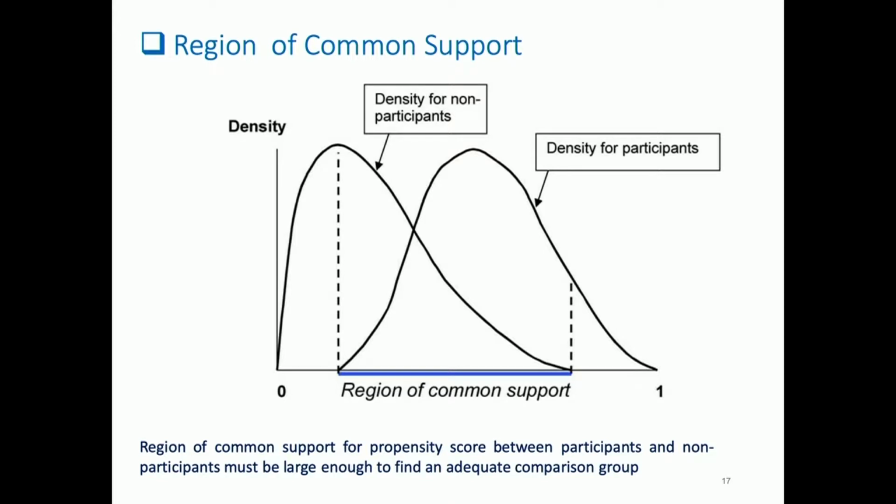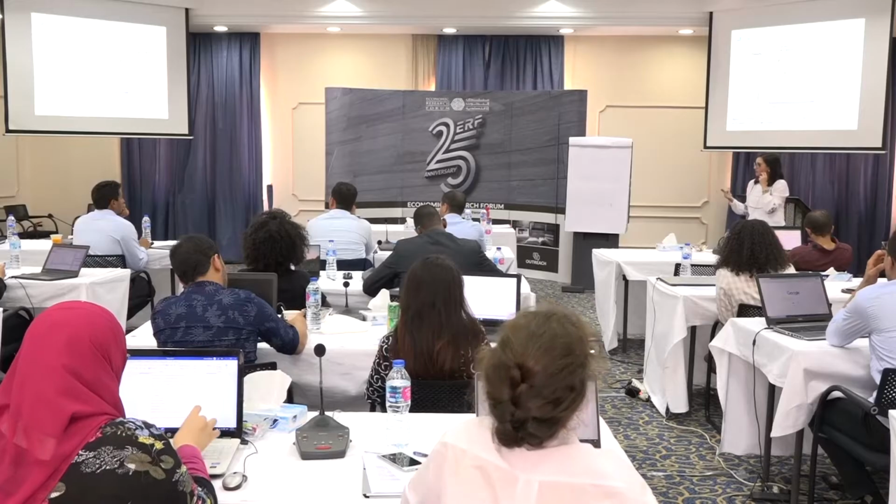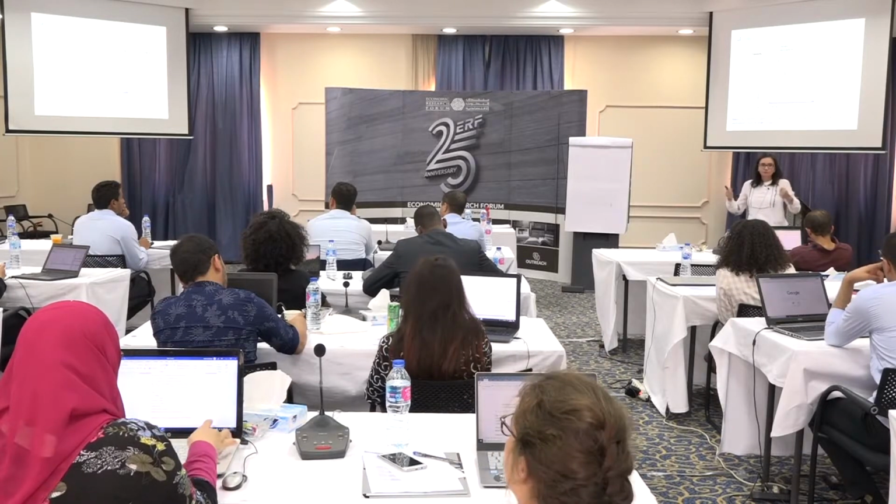If this region of common support is very small, you will not be able to match many people because they will not find their match. And it's not possible that they all have exactly the same propensity score. So you need an adequate comparison group to be able to match these individuals, measure their outcome and find the difference between them.